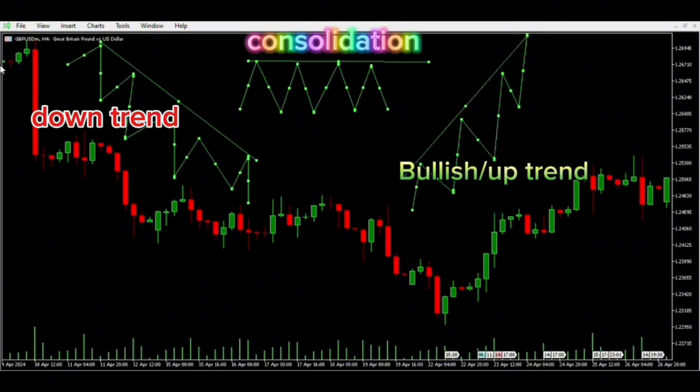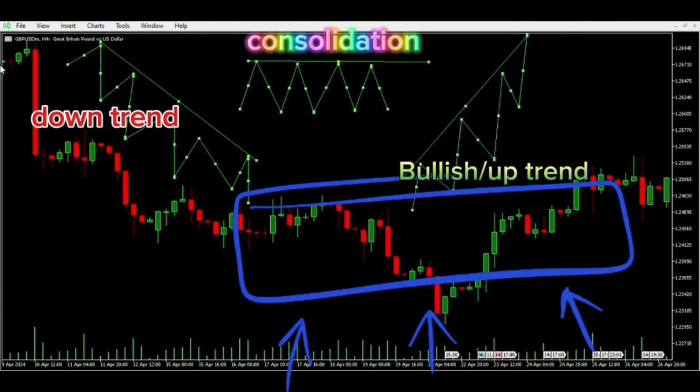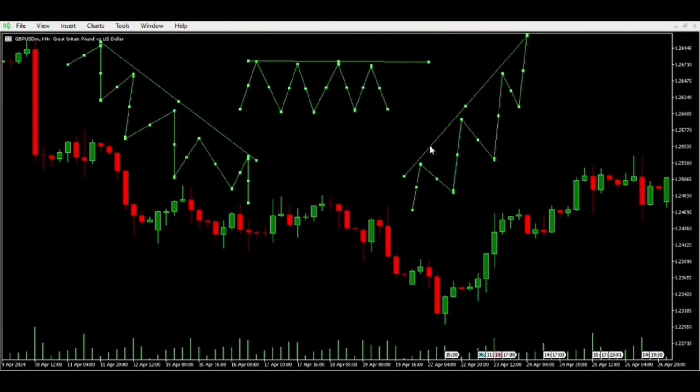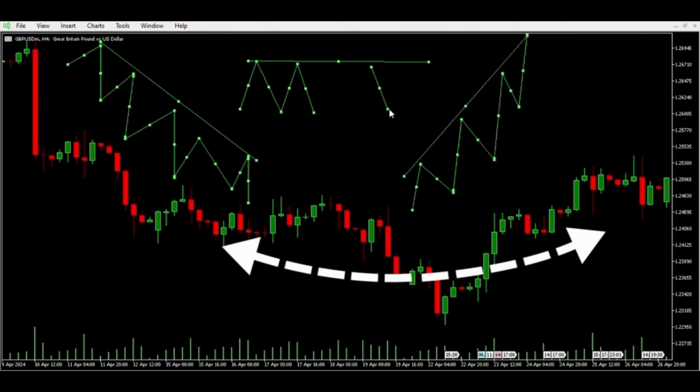Then we have a change of character, which I also consider as a trend direction. This is no longer a downtrend. This is not an uptrend yet. It may potentially be an uptrend soon, but this is also not a consolidation.